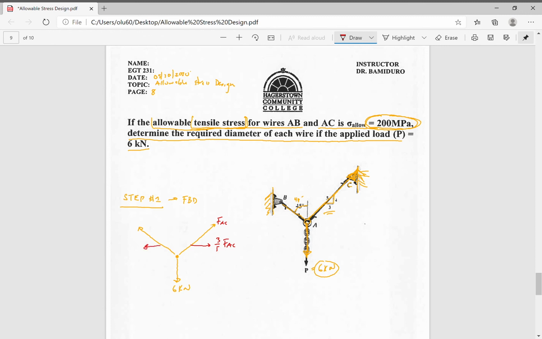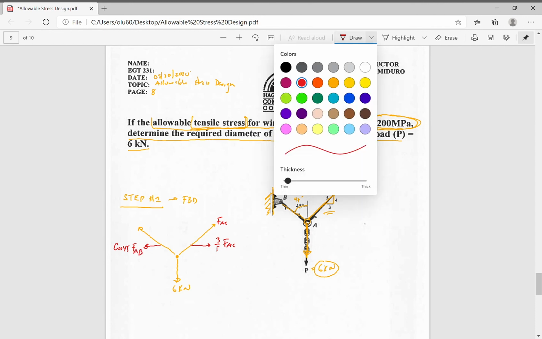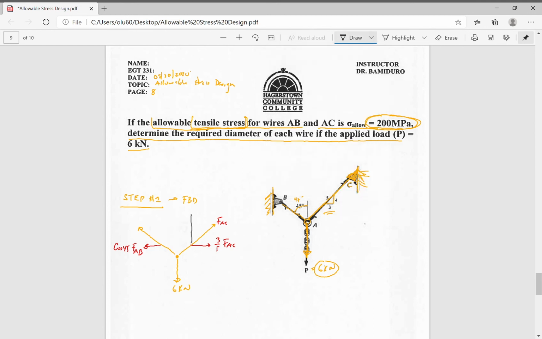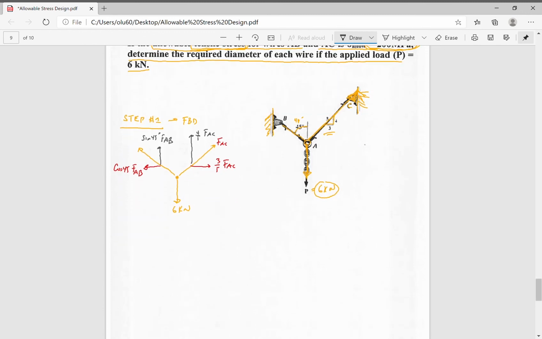This is going to be cosine 45 FAB, and then this is going to be 4/5 FAC, and this is going to be sine 45 degrees FAB. So that's our first step.